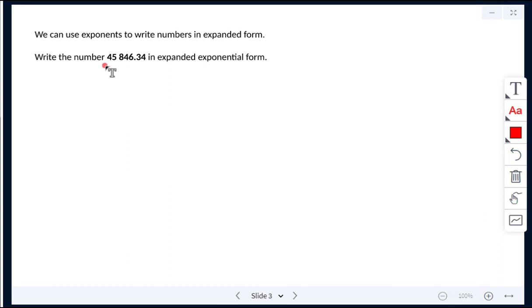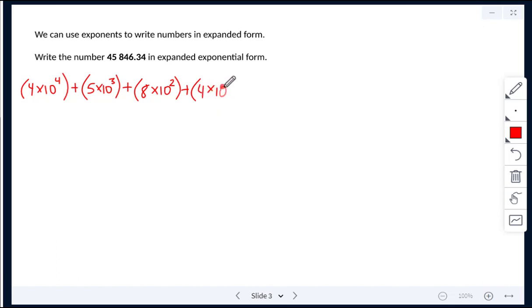All right, so the 4 here is in the 10,000s place, so that is 4 times 10 to the power of 4, plus we have 5 in the thousands place, so that is 5 times 10 to the power of 3, plus 8 in the hundreds place, so 8 times 10 to the power of 2, plus 4 in the tens place, so 4 times 10 to the power of 1, plus 6 is in the ones place, so 6 times 10 to the power of 0.